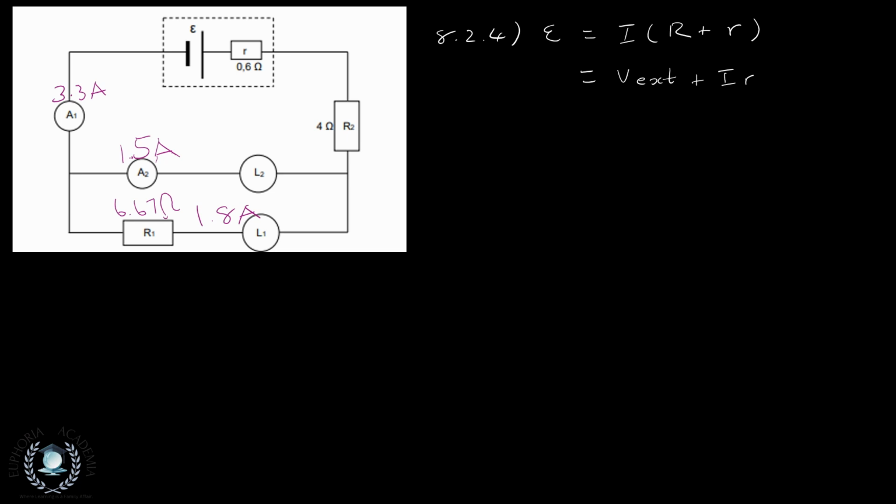Now, in all these cases, we need to know the resistance across our whole circuit. I'm just going to use this formula, but you can use the second formula if that will help you. So we need the total resistance across this whole circuit.